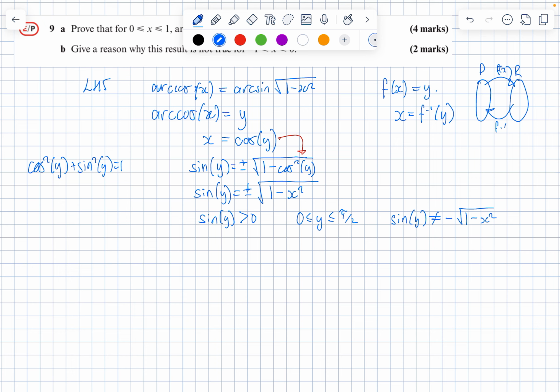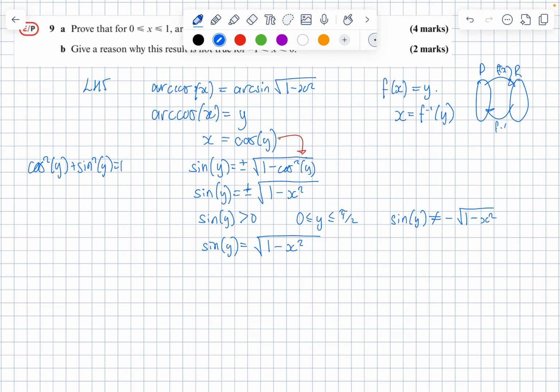So now we know that sine of y is equal to the square root of 1 minus x squared. Now all we have to do is take the inverses of both sides. Sorry, I should do this the other way around.